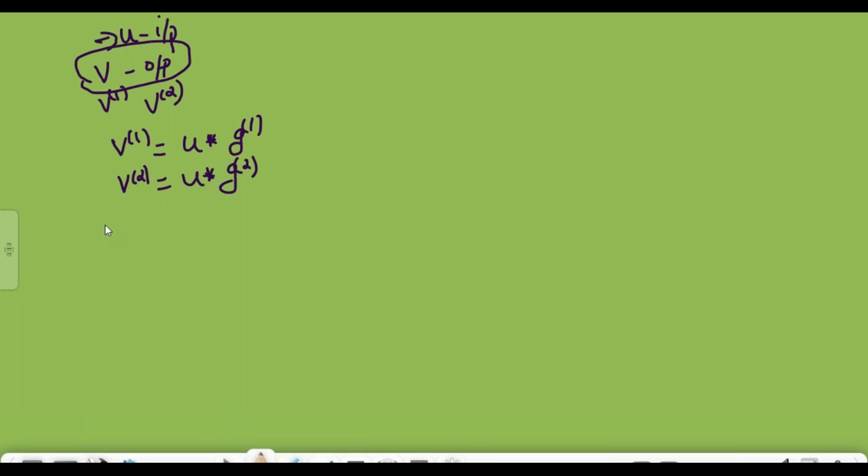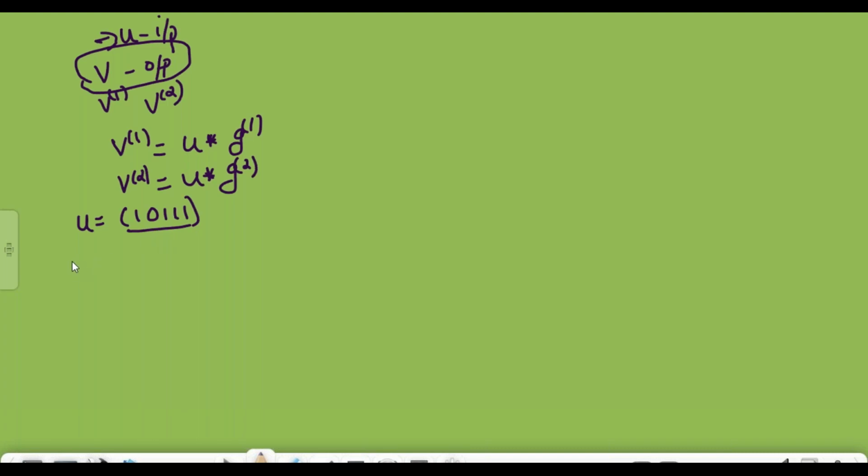Then we can take an example, u equal to 1 0 1 1 1. I think we did the same example earlier, and we have to find the output of this convolutional code corresponding to this u.